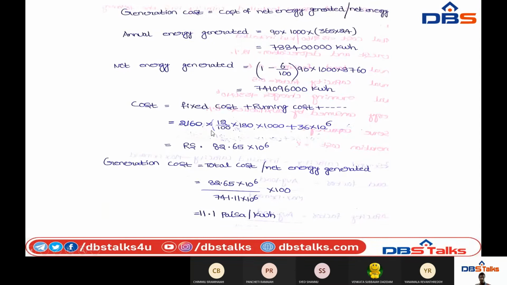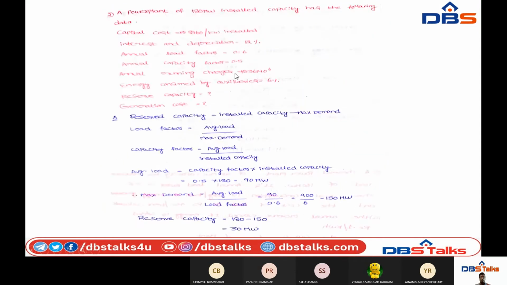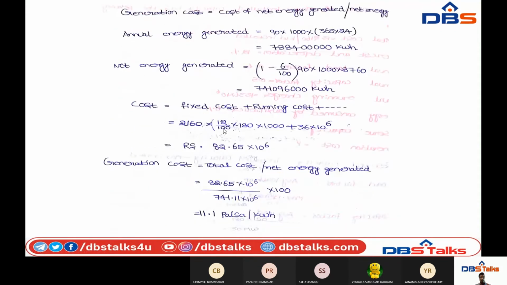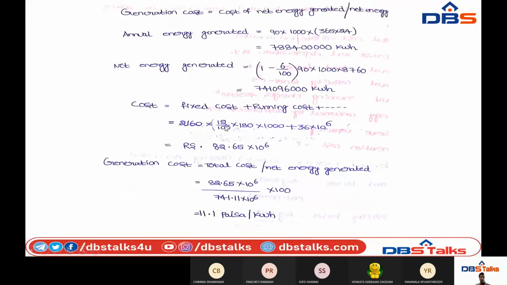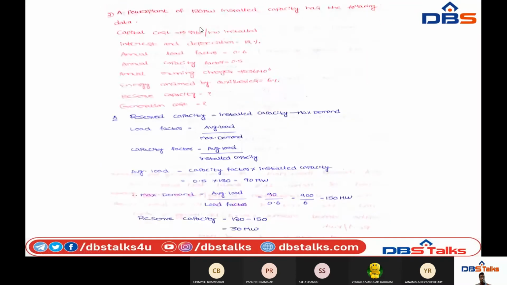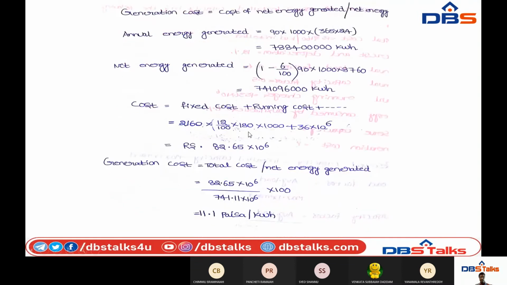Fixed cost is already given in the problem, that is 2160 rupees per kilowatt installed. 2160 into depreciation, which is 12% out of 100, I'm adding with 2160 multiplied with 12 by 100, into 180 into 1000. 180 megawatt is the installed capacity, converting megawatts into kilowatts by 1000, plus running cost.